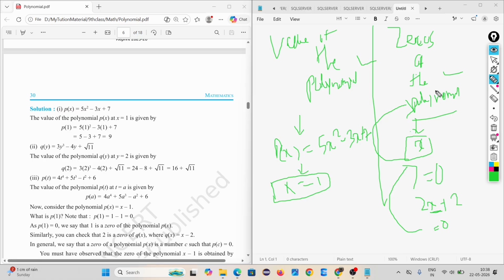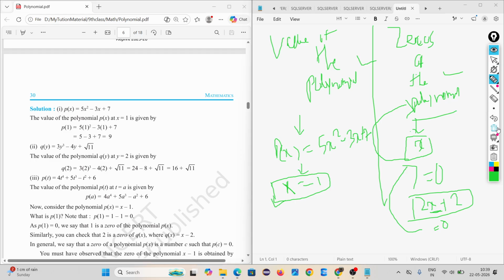Zero of the polynomial means by putting the variable value, the whole polynomial should become 0. Value of the polynomial means that if the value of the variable is given by the question, you have to put the value in place of the variable.